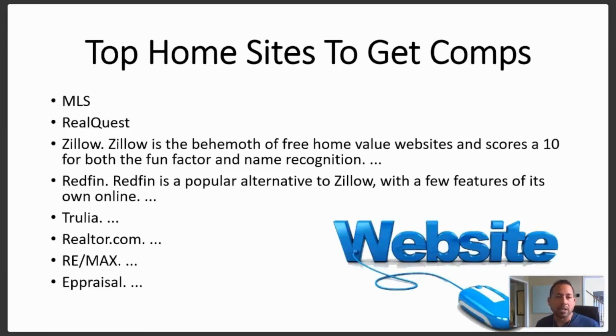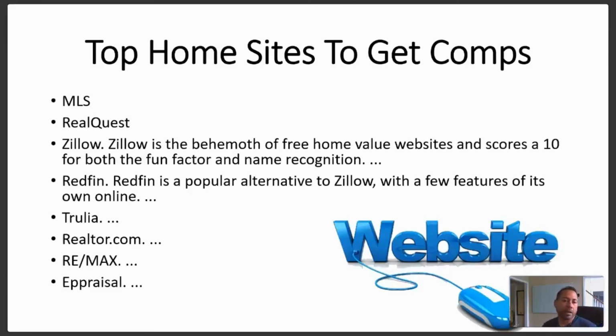But MLS does, because they have a clean process, help. RealQuest is the MLS for a lot of towns, so they have a lot of great data. RealQuest pulls MLS data and public information data to get property values.